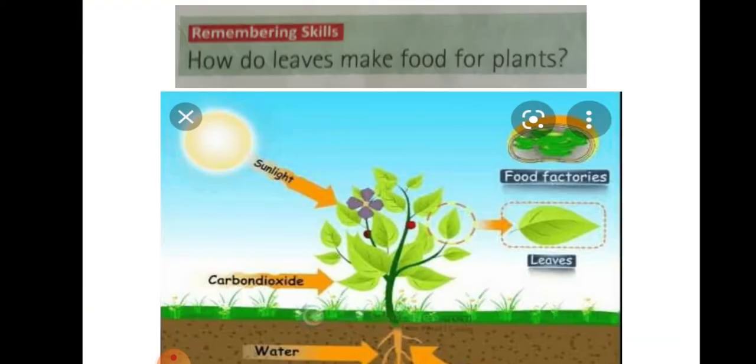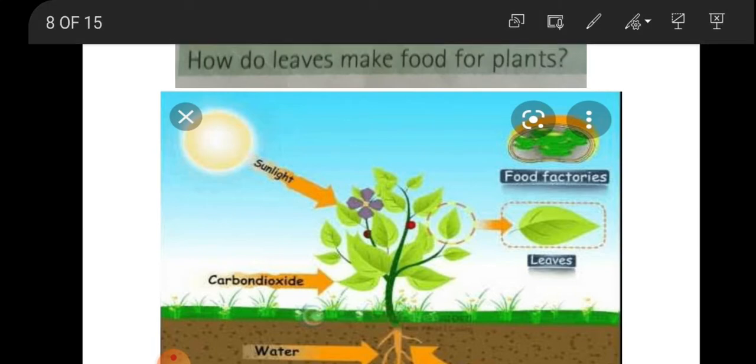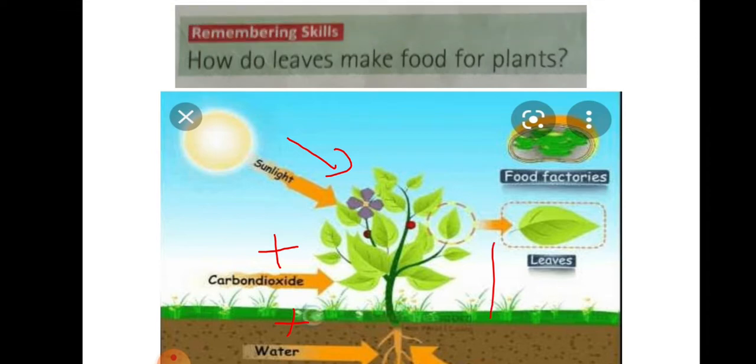Okay beta? Now how do leaves make food for the plant? Yes, let us study. Now what happens is that the leaves जो होता है पहले वो sunlight लेता है बेटा. You can see it takes the sunlight, then it takes the carbon dioxide, it takes the water from the soil, okay, and 1 minute, okay, that much only it is showing.